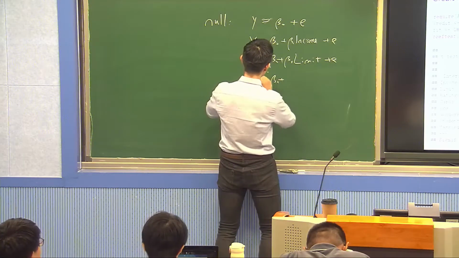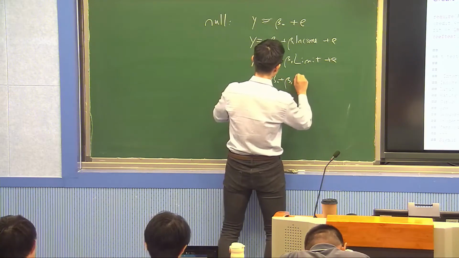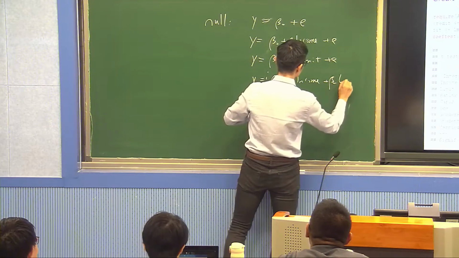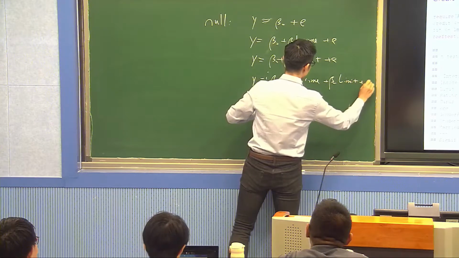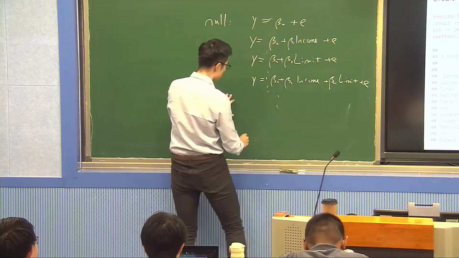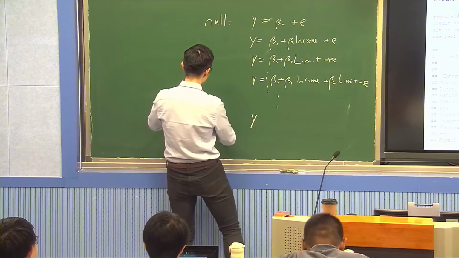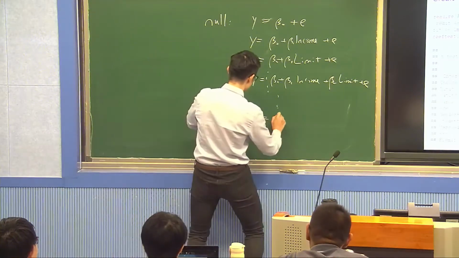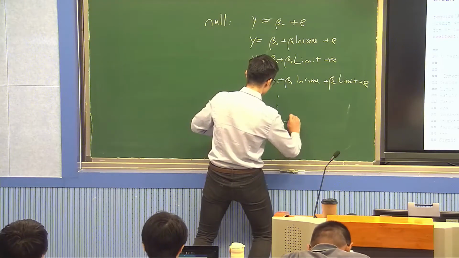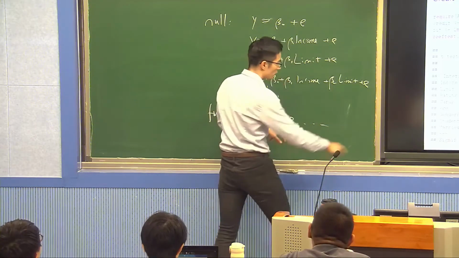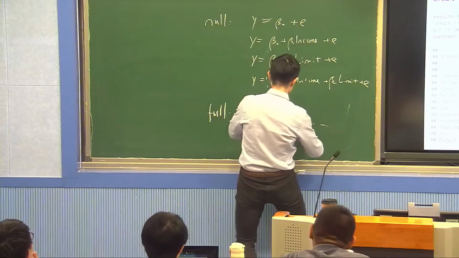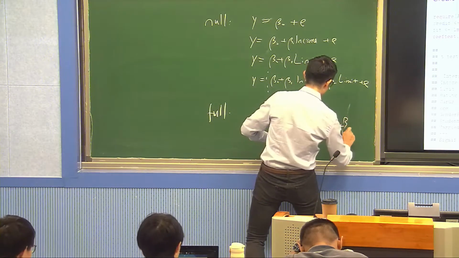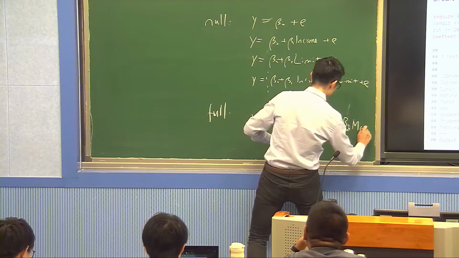We can have y equal to beta 0 plus beta 1 income plus beta 2 limit plus e. And of course, in the end, we have the full model. The full model will simply be y as a linear model of all the variables here, from income to beta 8 married.